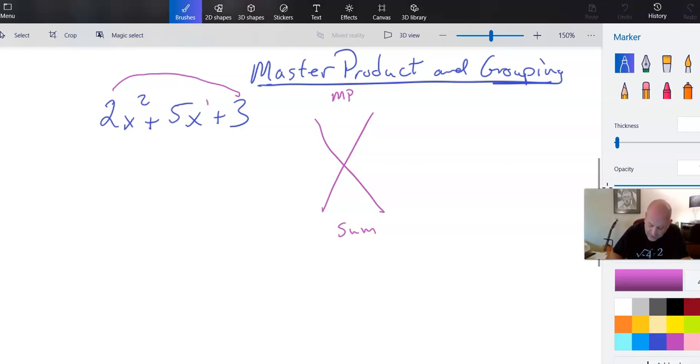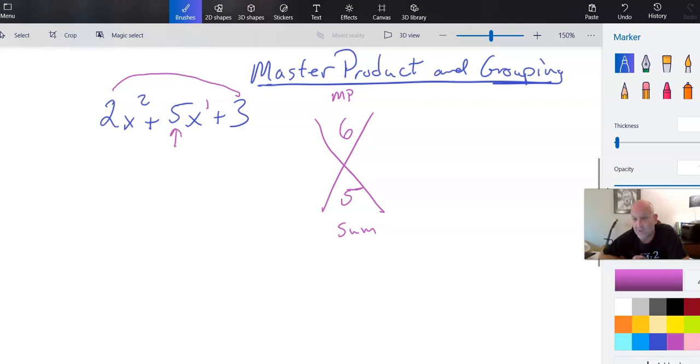This one has a 2, this one has a 1, and technically there's a 0 here, even though we never write it. As long as you have it in that order, you multiply the first coefficient times the last coefficient. 2 times 3 gives me 6, so I'm going to write 6 here. That's my master product. The sum is just the coefficient of the middle term.